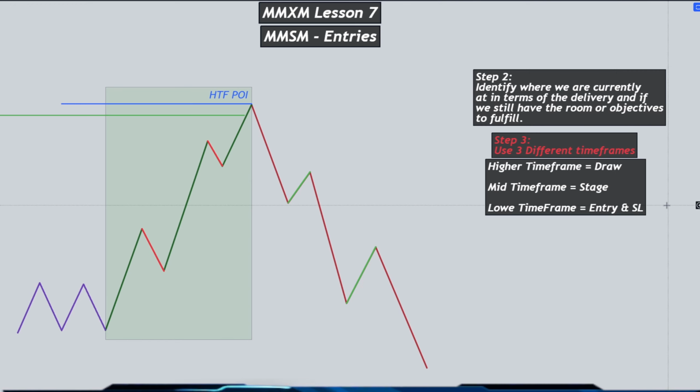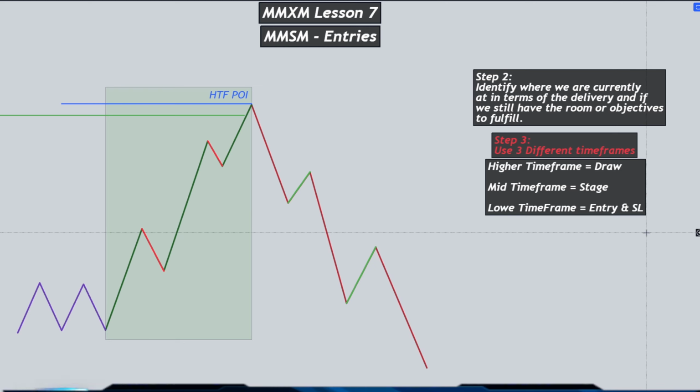Again, it's solely dependent on what type of trader you are and what your broker allows you to do. If you are a scalper, you can go hourly as your higher time frame, 15 minutes as your mid time frame, and 1 minute or 5 minutes as your lower time frame.